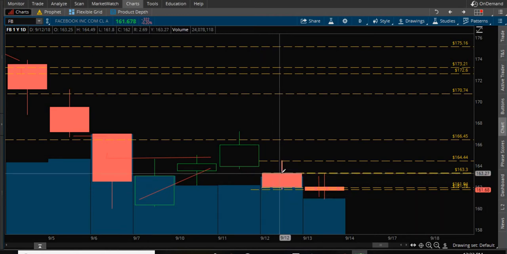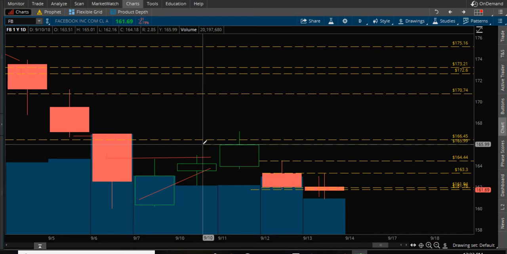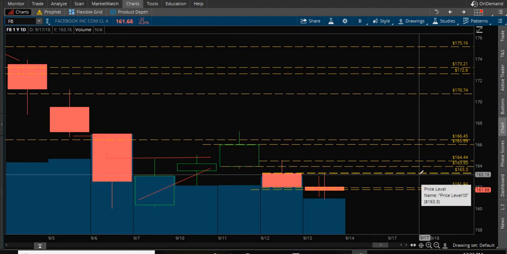Right now, these are levels that are pretty much respected in the minds of a lot of traders, where if the stock comes into support, they'll buy. If it comes into resistance, they'll sell. Right now, how strong or weak that support or resistance level is completely dependent on market conditions.